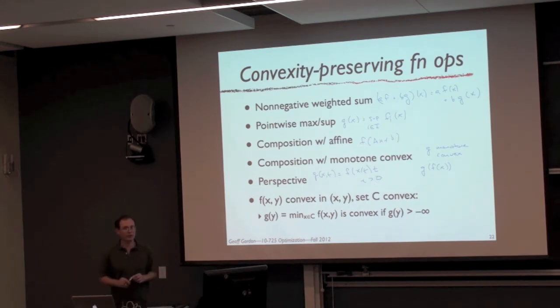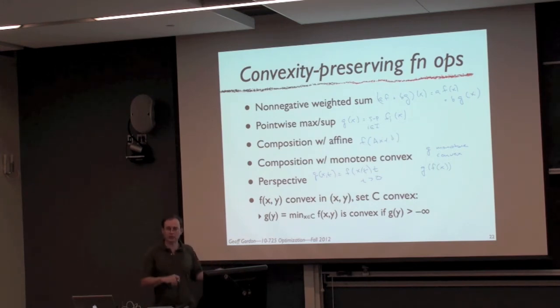So again, just like perspective for sets, that's maybe kind of a counterintuitive notion, but you can show that that preserves convexity. And then finally, if we have some function f of x, y that's jointly convex in x and y together, and we have some convex set C, we can define another function g of y by taking a particular y and minimizing over all x in C, right?